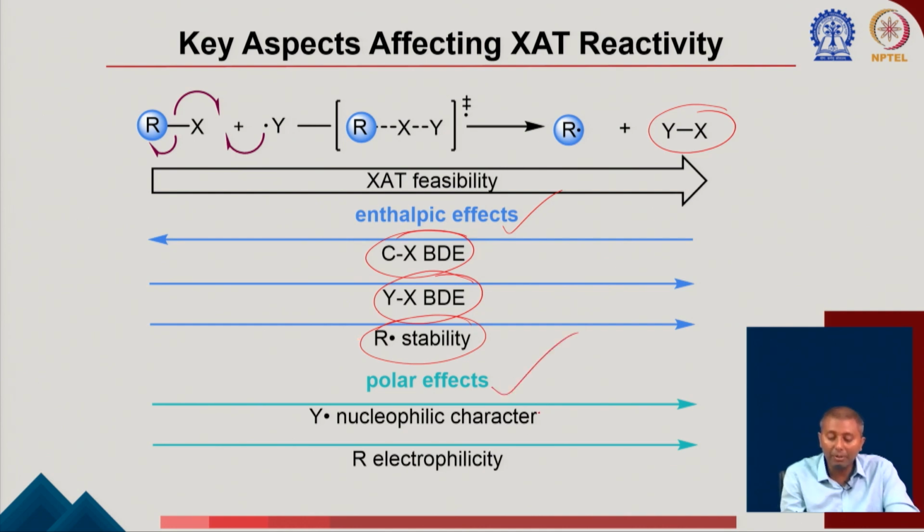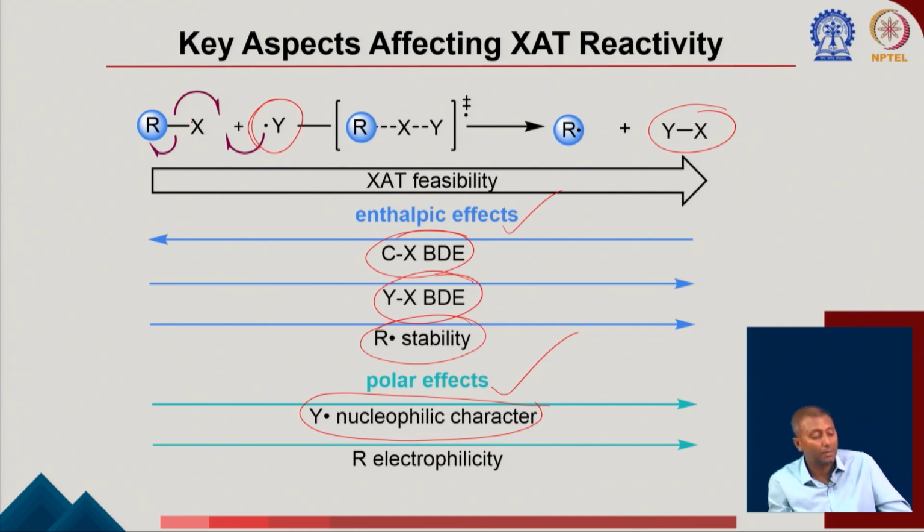And then an important thing is the nucleophilic character of the Y dot, because most of the time this Y dot which you are going to use for this type of halogen atom transfer is going to be a nucleophilic radical. Okay, because you can see the X dot which is going to form here is an electrophilic radical, and together they are going to form this YX.